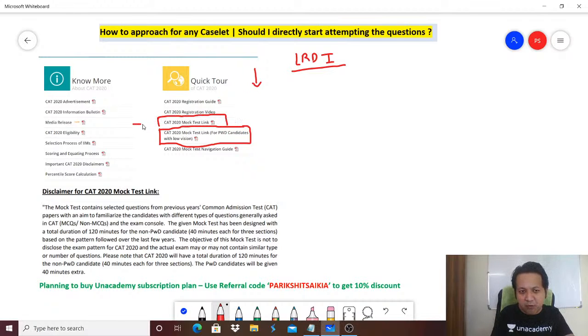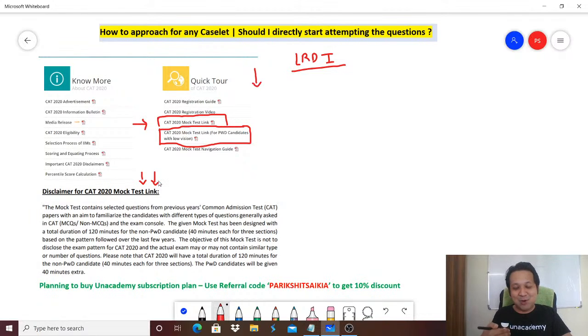So you need to focus here. This is where the IIMs have uploaded the mock test paper. If you click on this CAT 2020 mock test link, it will open up this specific page.